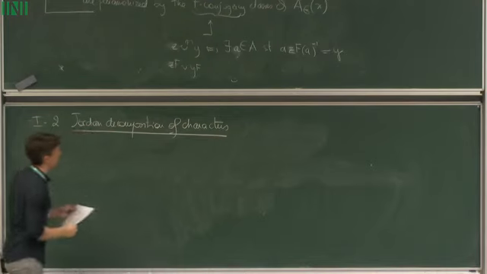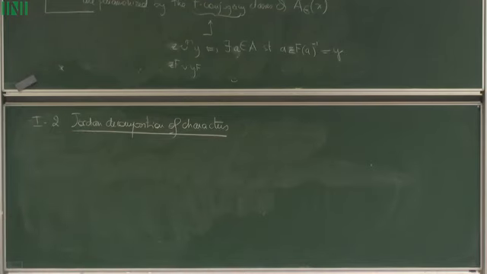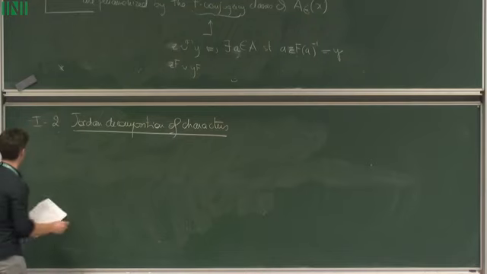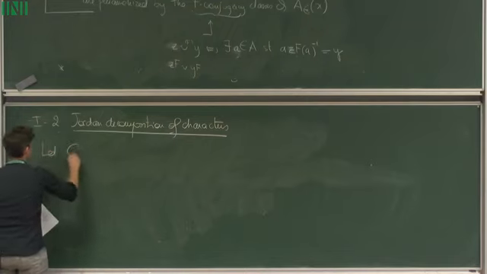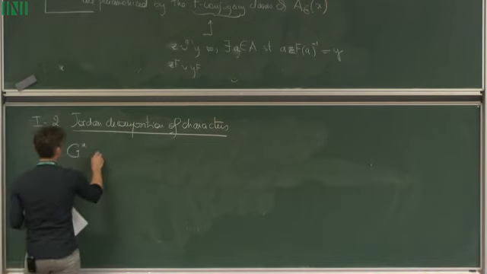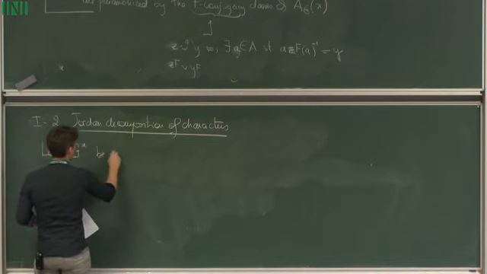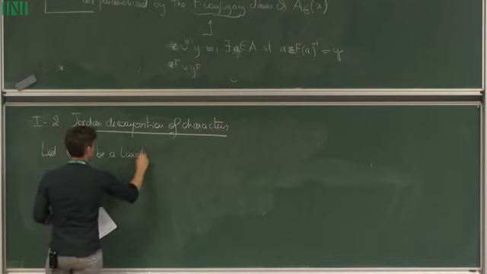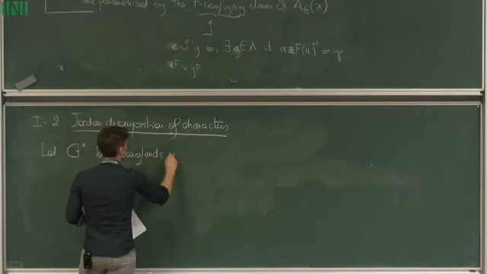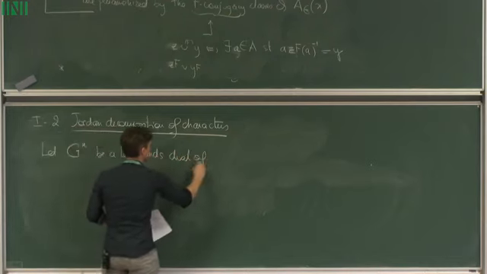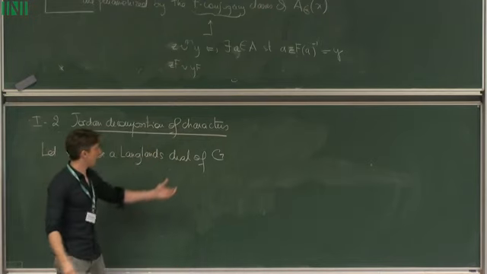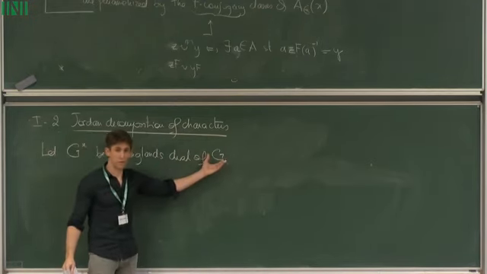In order to parallel the classification, I have to work not with the algebraic group, but the dual version, the Langlands dual. So here, G star stands for the Langlands dual of G. G is defined over FQ.